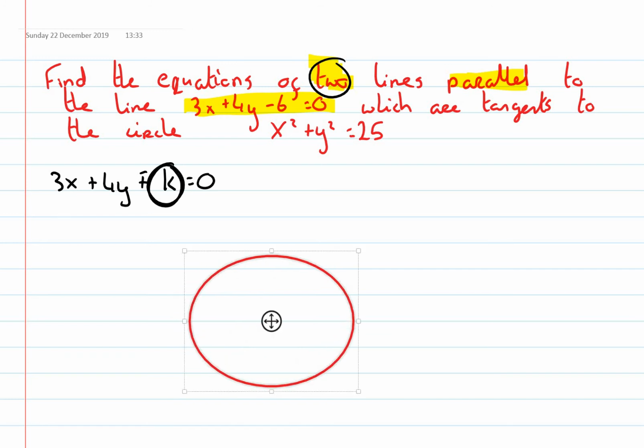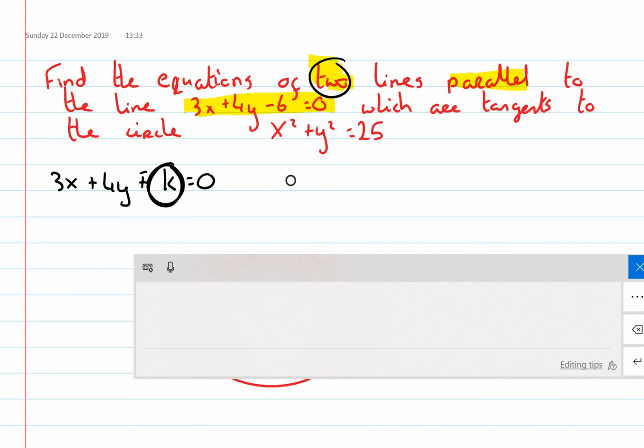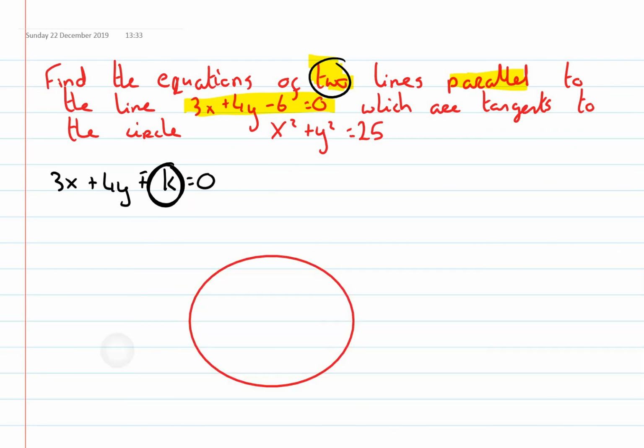So there's my circle, and there's the center of the circle. We know the center of the circle of interest is 0, 0. Why? Because of that. We know the radius of the circle equals 5 also.